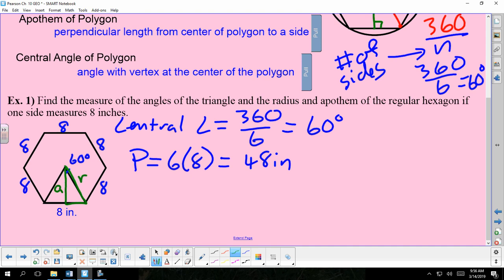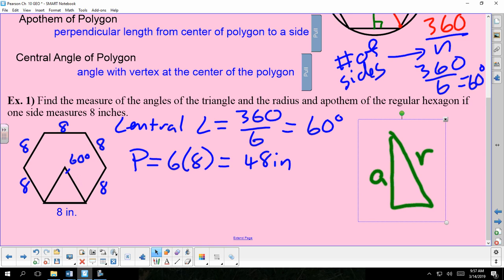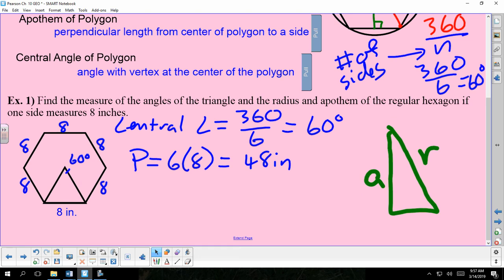All right? And we'll go ahead and take this aside. This over here. Go ahead and blow this up so we can take a better look at it. So there's my apothem. There's my radius.